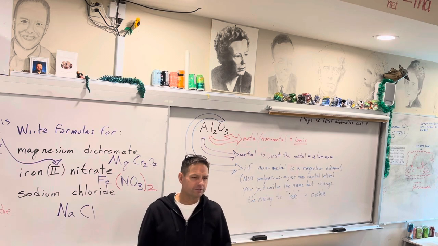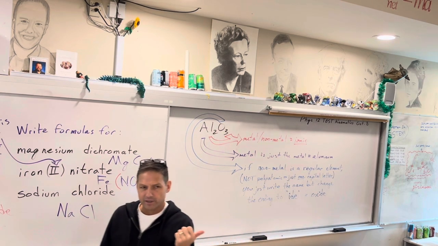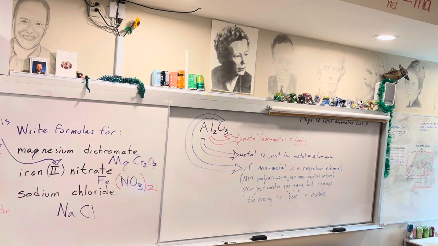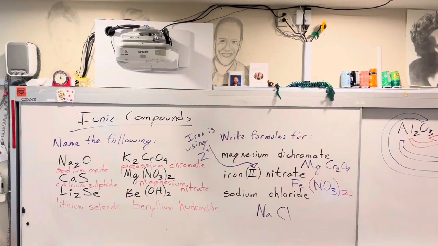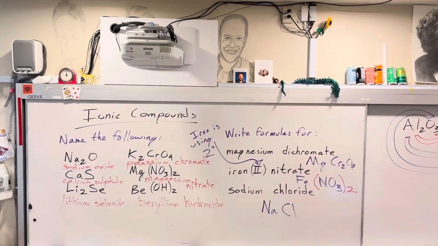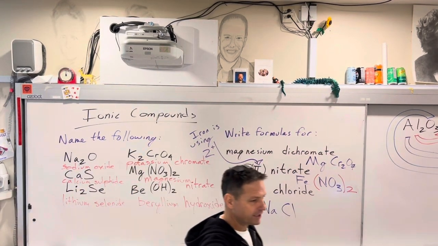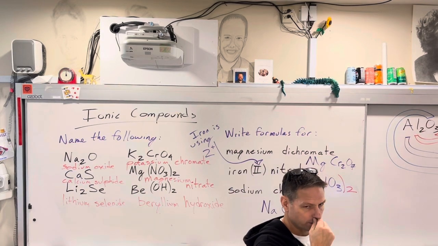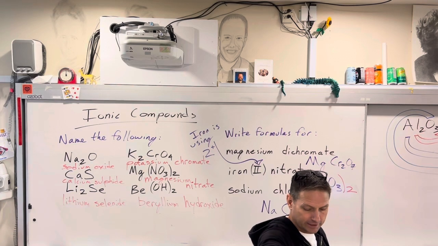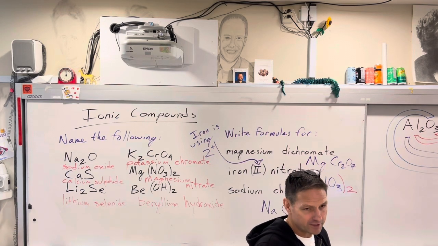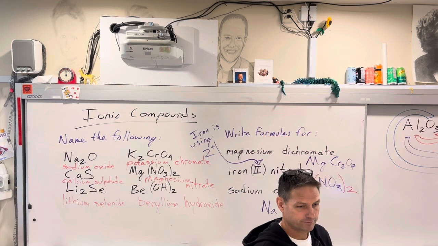How do you know if it's just a regular element or if it's a polyatomic ion? Good. Thank you, Damien. If it has just one capital letter, what is it? Is it regular element or polyatomic? Regular. Turn to the person beside you, tell them if it has one capital letter, it's a regular element.